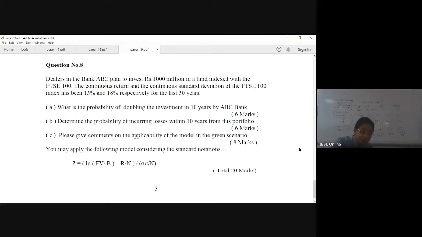Now, without both these assumptions, you are not in a position to apply the model here. The application of the model solely depends on the assumptions. So these are the two assumptions. And the other thing is that the profit distribution is log normal.